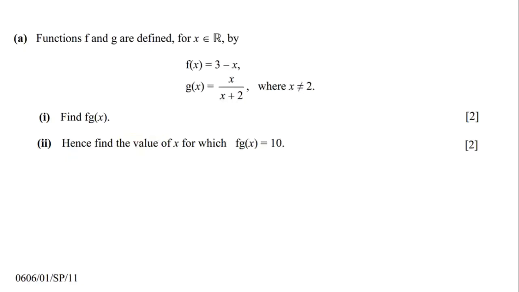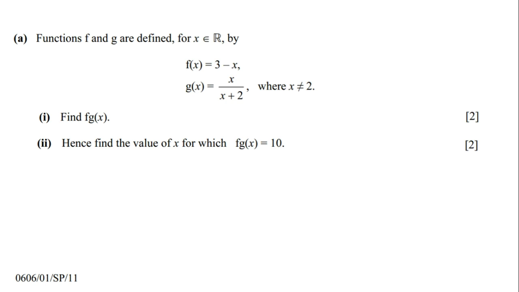Next, last example. Functions f and g are defined for x as an element of all real numbers by f of x is equal to 3 minus x and g of x is equal to x over x plus 2, where x is not equal to 2. Find f of g of x.